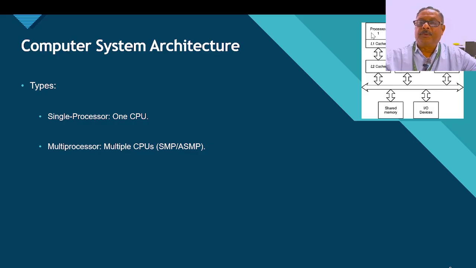So if processor 1 is working with some set of data or some process, it will be stored in its L2 cache. In the same way, processor 2's L2 cache will be storing its data and process details, and so on. What is common to all of them will be stored in the common memory, which we call shared memory.